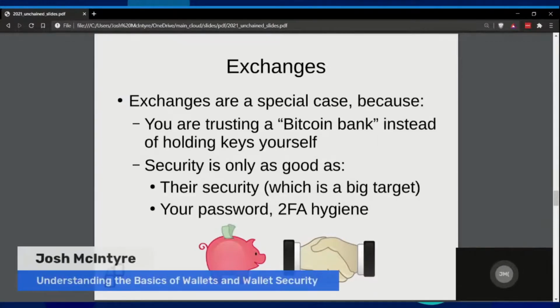What happens with this class of malware is when somebody copies an address into their copy-paste buffer, so they Control-C or right-click and copy a Bitcoin address, if this malware is lurking on their system, it can detect the format of a Bitcoin address using a regular expression.